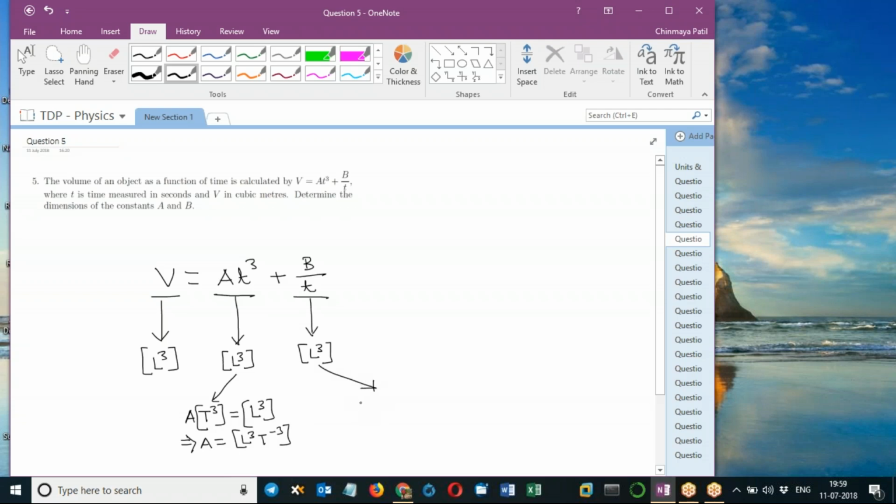And look at here, b into t power minus 1 has to be L power 3.